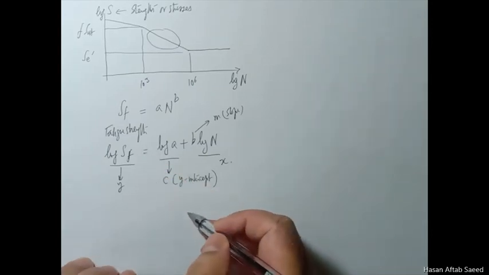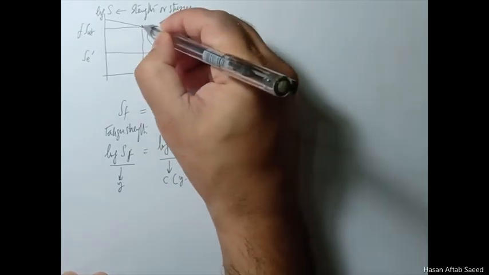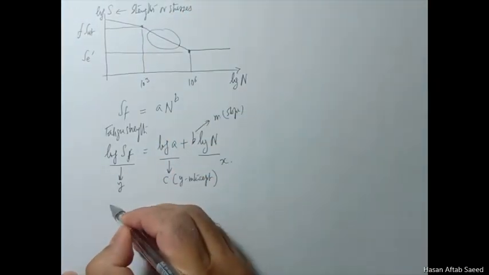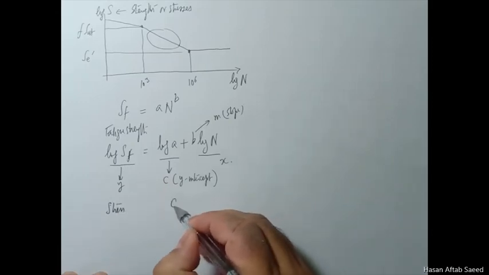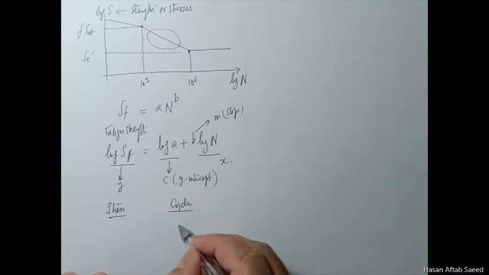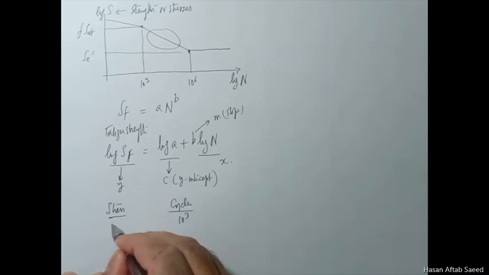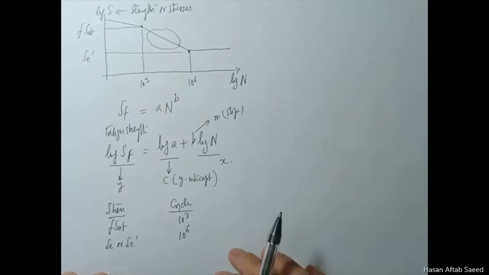So how can we find the values of a and b? We know the two boundary conditions here and here. For 10 raised to power 3 cycles, we know the stress to be f Sut. And for 10 raised to power 6 cycles, the stress is Se, or again Se or Se prime. We are focusing on Se prime here at the moment.